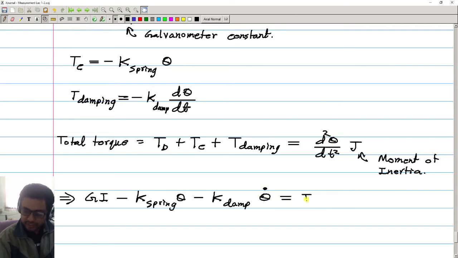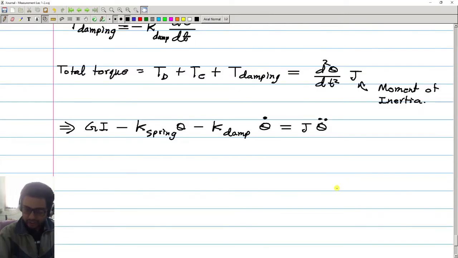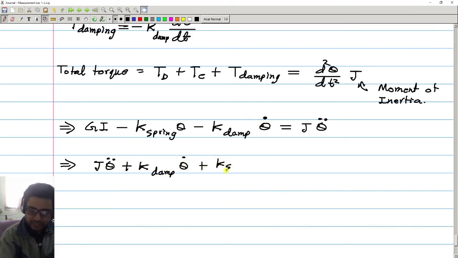This is equal to J times theta double dot, the second derivative with respect to time. So let me arrange it. I will get something like J theta double dot plus K damping theta dot plus K spring theta plus G equal to G_i, correct? Yes.